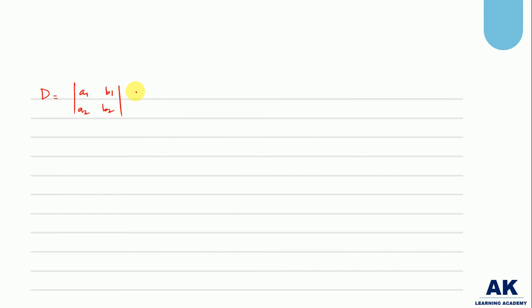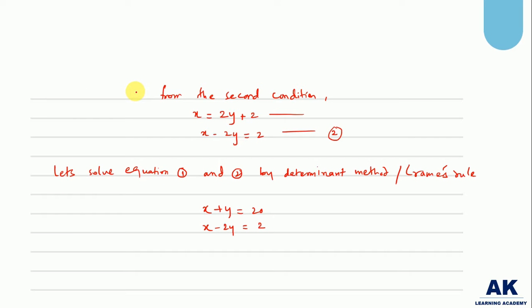But before that I want to write this: what is a1? a1 is equal to 1, b1 is equal to 1 and c1 is equal to 20. a2 is equal to 1, that is the coefficient of x. b2 is equal to the coefficient of y, which is minus 2, and c2 is equal to 2, right? So I just want to put all these values: 1, 1, 20, 1, minus 2, 2.